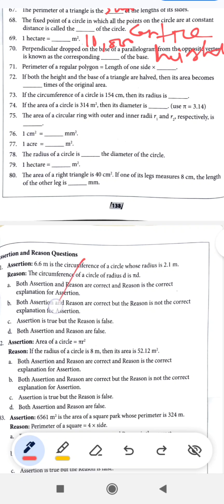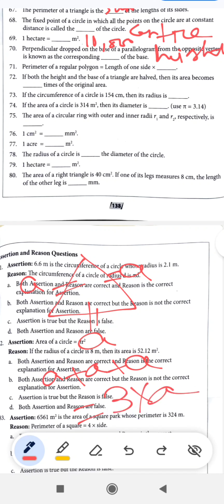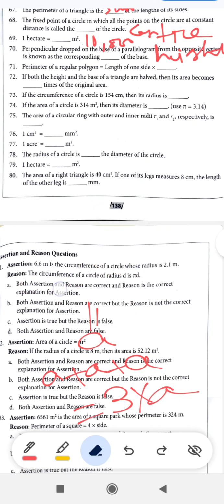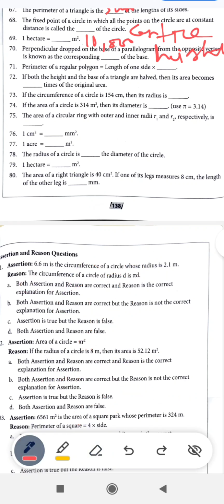For a regular polygon like the equilateral triangle, we know its perimeter is A plus A plus A. It means A is added 3 times, means 3 into A. Similarly, if it is a square, which is a regular quadrilateral, A plus A plus A plus A means 4 into one side. So here it means number of sides into length of one side.